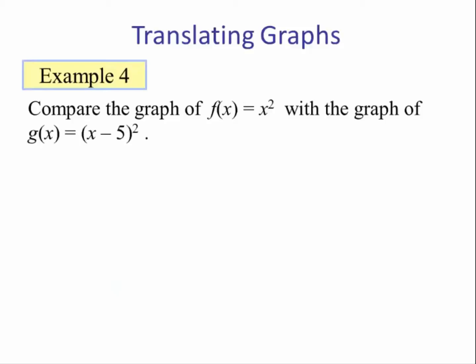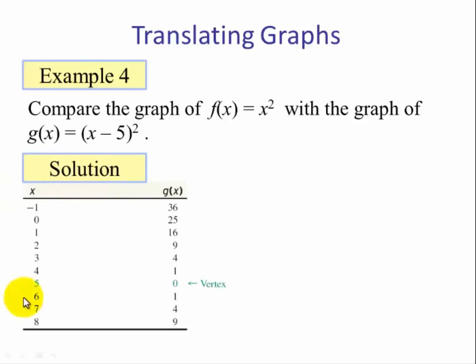Example 4. Compare the graph of f of x equals x squared with the graph of g of x equals x minus 5 quantity squared. Solution: we pick some values of x, we substitute them in for g of x, and we have our outputs.